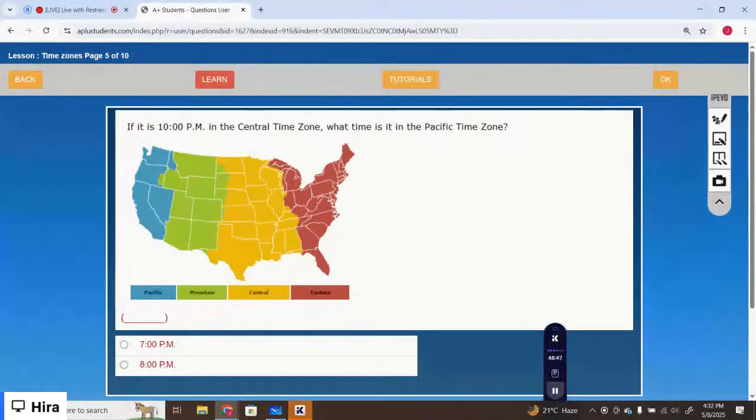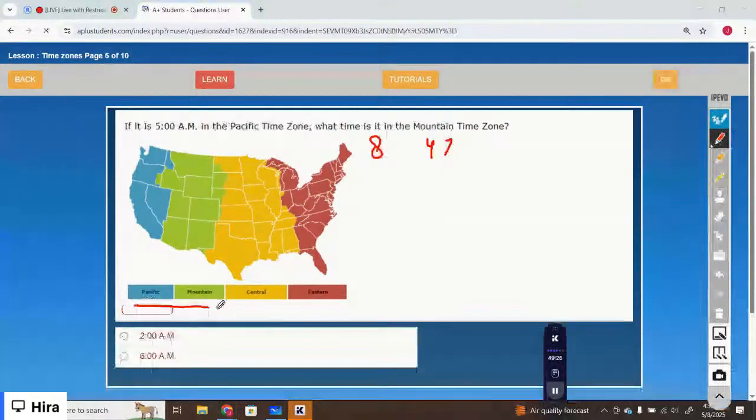Pacific is 2 hours behind the central. 2 hours behind, so then that is 8 p.m.